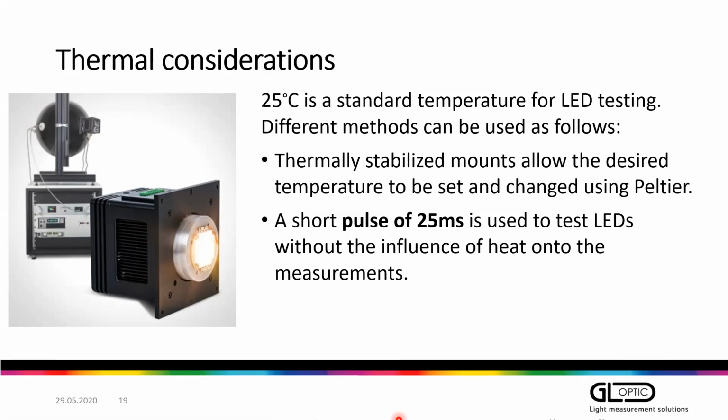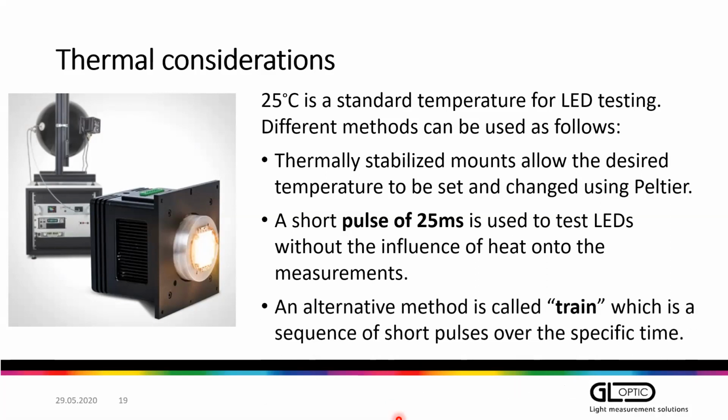There is also a new trend which is helping development teams and system engineers evaluate the LEDs, and this is the so-called train method. So there is a sequence of short pulses. Instead of one short pulse at a specific power level, you can use smaller power settings and repeat this pulse at a specific pace.